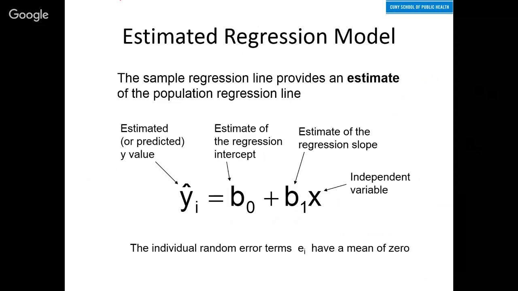That was a model of the population where beta 0 and beta 1 are coefficients, population parameters that we might want to make inference on.